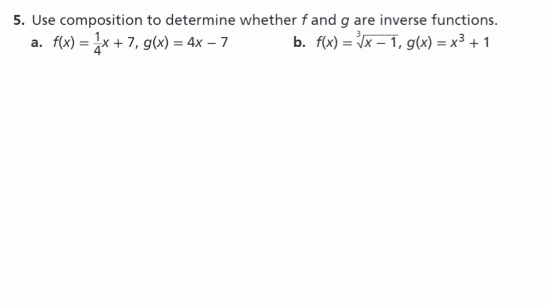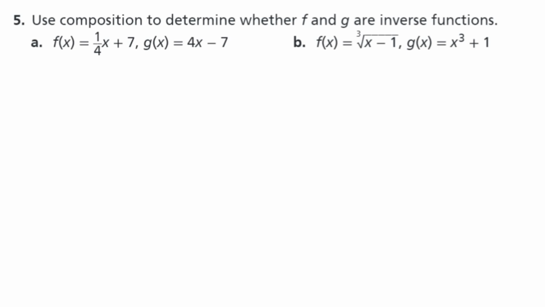But another way we can do this is to create a composition like we did a couple of days ago. If the composition ends up being x equals x, then the two functions are inverses of each other. So what we're going to do is f of g of x.